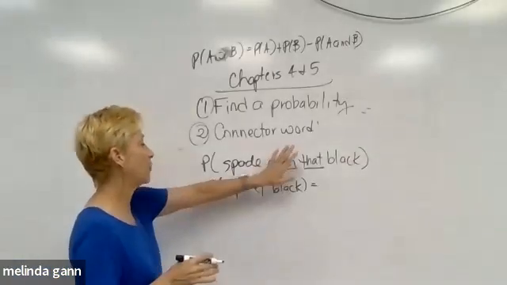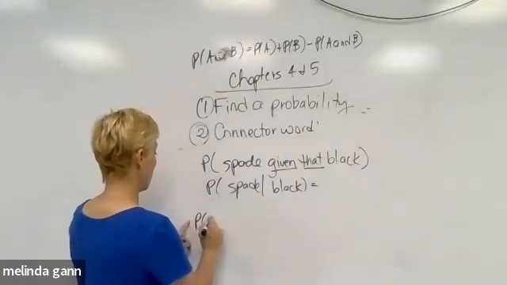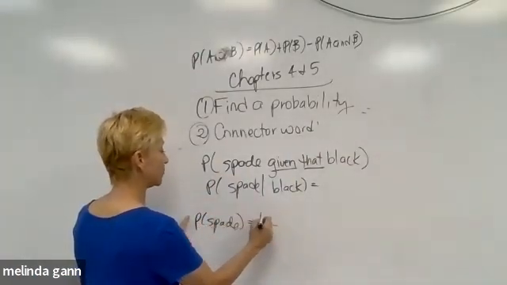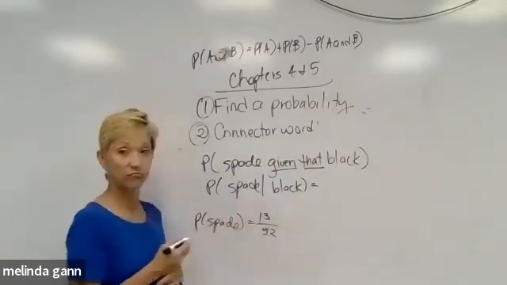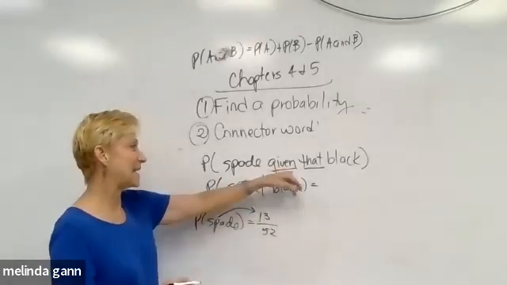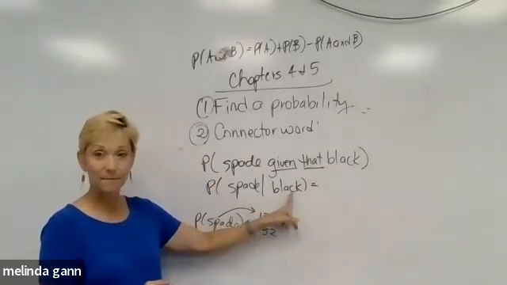What if I just said, what's the probability something's a spade? If all I said was just a spade, do we understand that it would be 13 out of 52? Because that's my spades and that's my total. But if I say, given that it's black, I'm guaranteeing you that it's black.